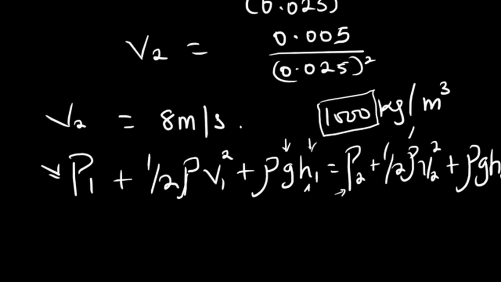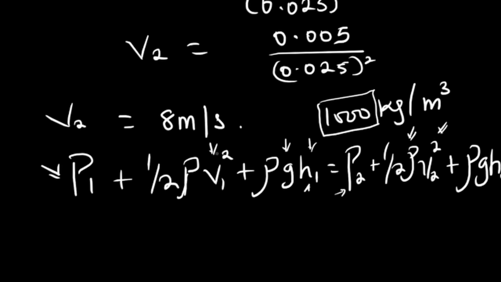Now, this density here, which is rho, is not a P. This is density. It refers to the density of the fluid. But in this case, we're given water, so it has to be 1000. And now the V here refers to the velocity with which it leaves, which you found already. I forgot this one here.